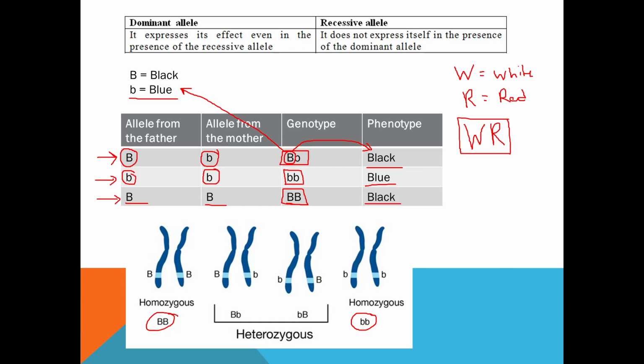The main thing is both the alleles will be the same. Whereas for heterozygous, one of them will be dominant, the other recessive. This one is homozygous dominant, this one is homozygous recessive.